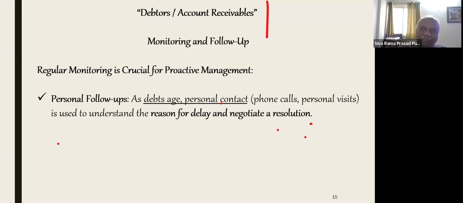Going concern means if you are there in the company, then only things will materialize. Otherwise, once you leave the company, reported in the morning and left after 1 hour, nobody will do it. Nobody will address the issues or problems. So the debt age, personal contacts, phone calls, personal visits, all these things are required.